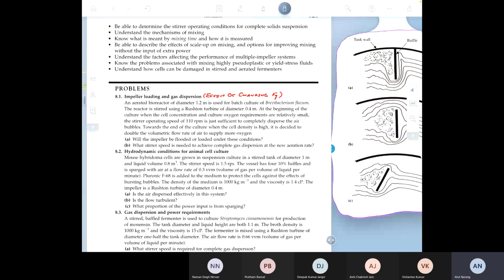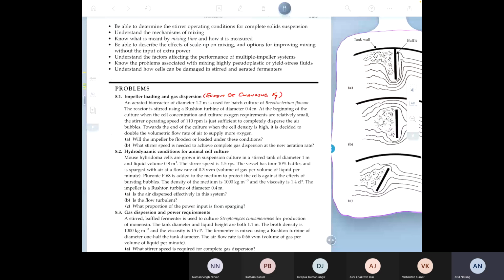And suppose you find that it is, basically it is not safe. The second question says, now that you have gone into whichever it turns out to be, loaded or flooded, how should you crank up the stirrer speed to bring yourself back to complete gas dispersion?